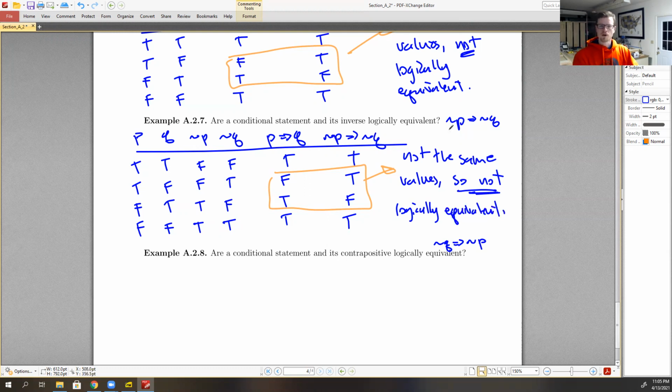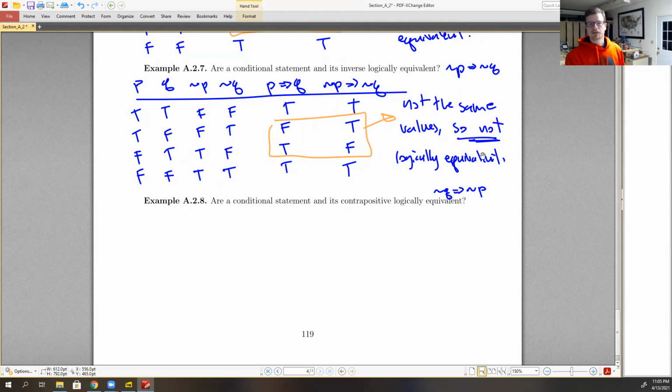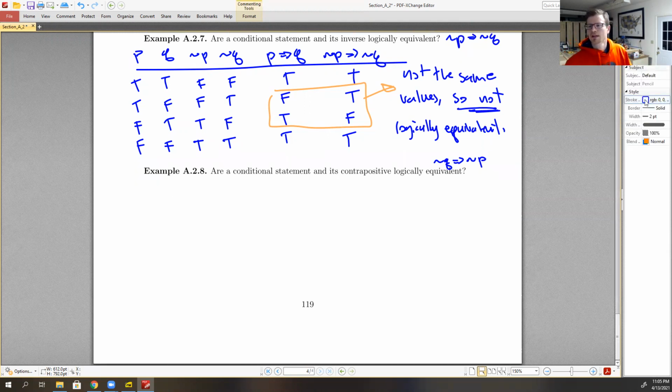All right, one more example. Will it be logically equivalent? Not sure. Let's find out. So the contrapositive is not Q implies not P. So we need to find essentially the same one, except switch the order here. So the first five columns are going to be the same.